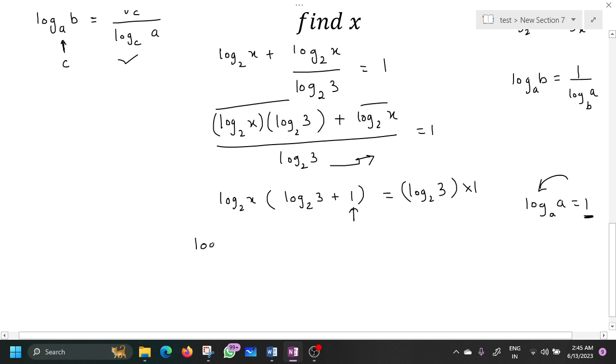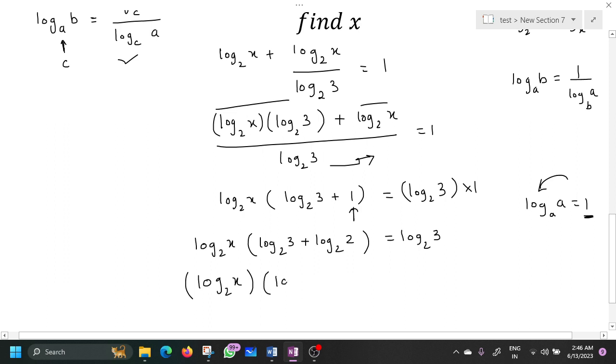So I can write log base 2 x times log base 2 3 plus log base 2 2 is equal to log base 2 3. Now I am going to use the addition property of the log, which says that log base 2 of 3 into 2 is equal to log base 2 3 plus log base 2 2, so that becomes log base 2 of 6.